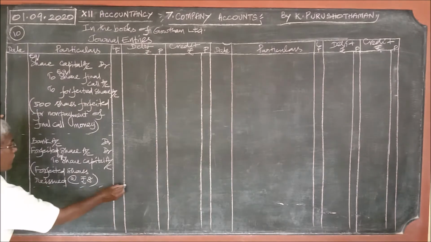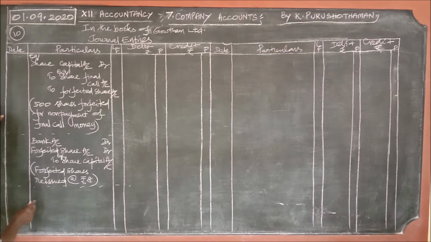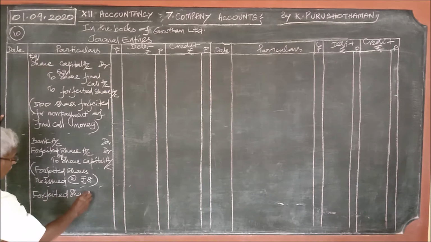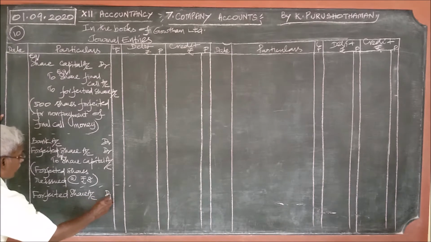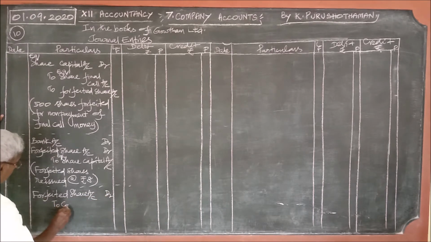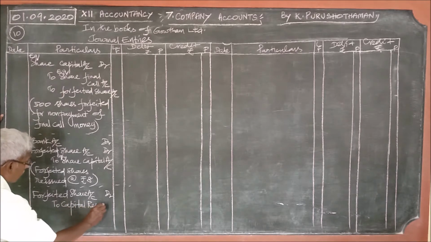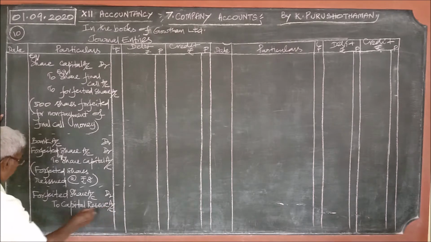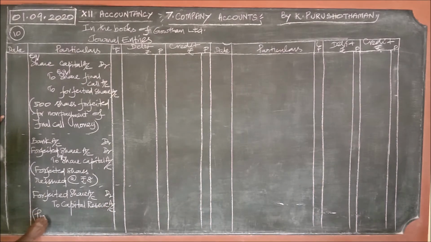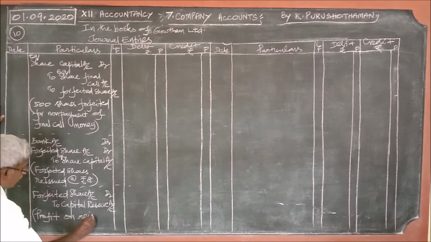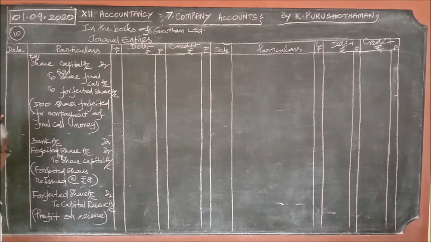Then the next journal entry: forfeited share account debit, to capital reserve account, profit on reissue.